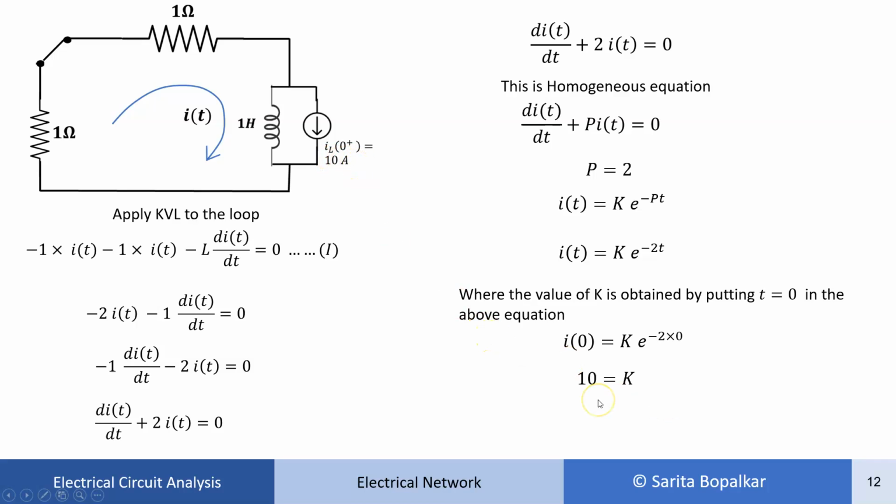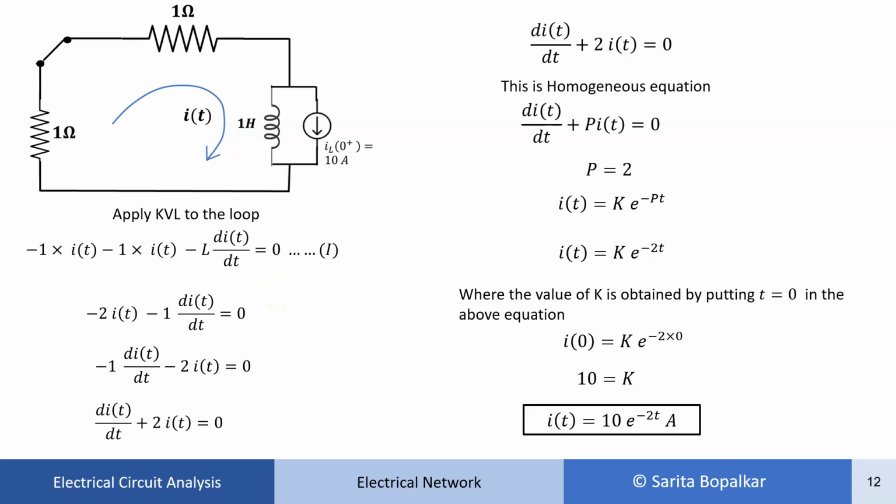So k is equal to 10. Put this value and you will get the solution of your example: i(t) is equal to 10 e raised to minus 2t ampere. Ampere is the unit for the current. So 10 e raised to minus 2t is our solution for this network.